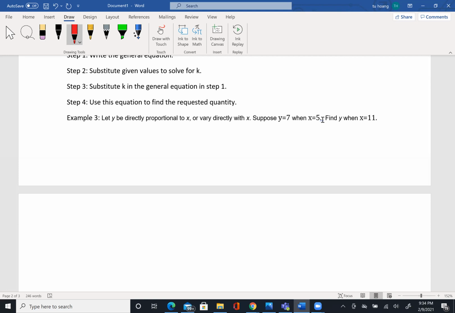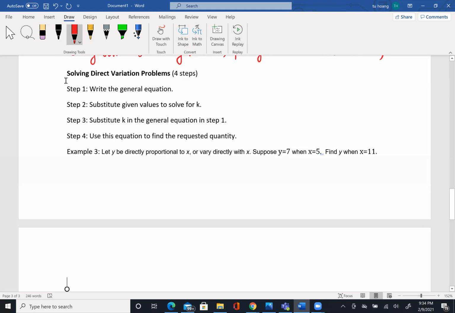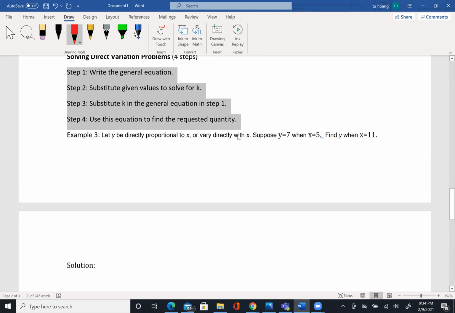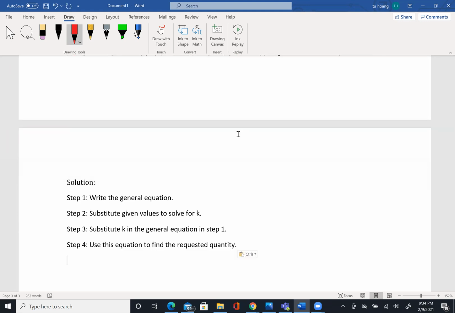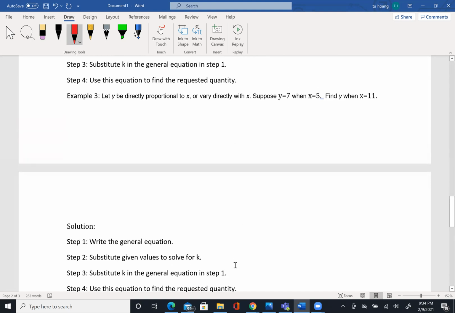Okay, so let's have the solution. I'm going to copy down all these steps and show you. So step 1, how can I write the general equation for this?